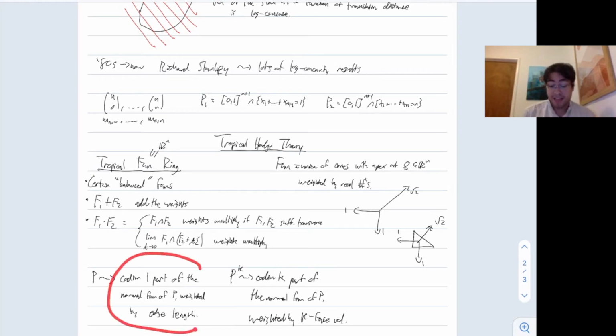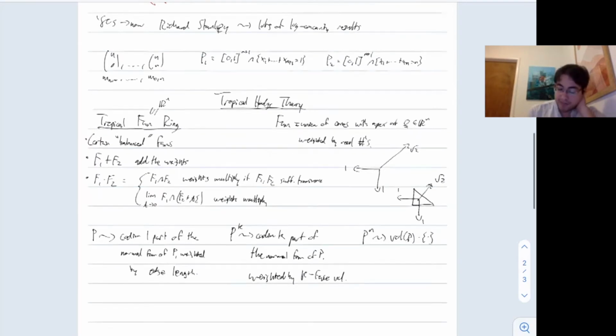So this fan actually encodes all of the relevant properties of the polytope's volume. And in particular, if I take the top power, you recover the trivial 0-dimensional fan times the volume of your polytope. This is just the natural conclusion of this.